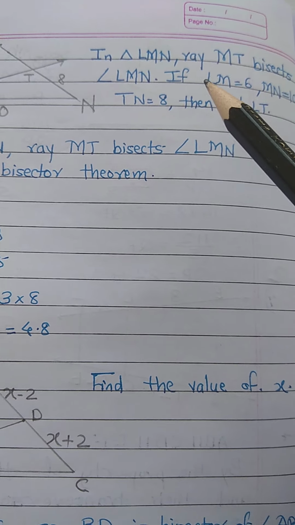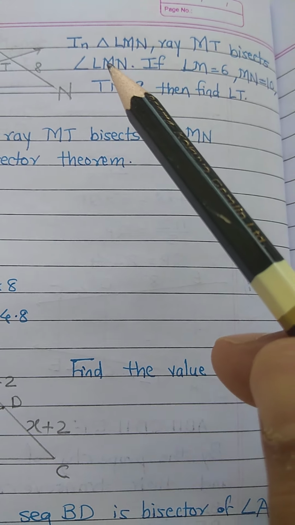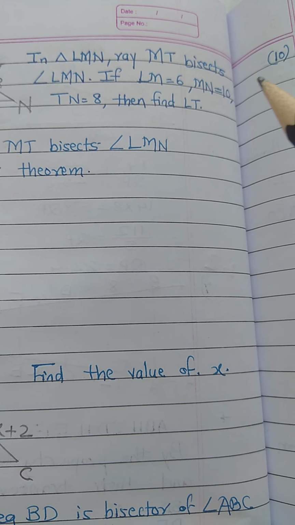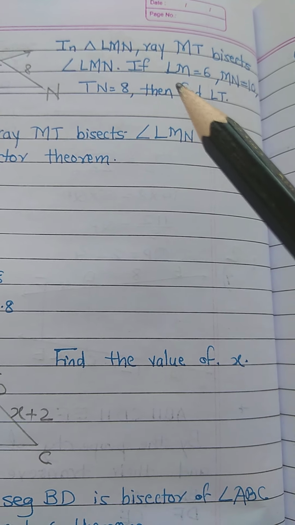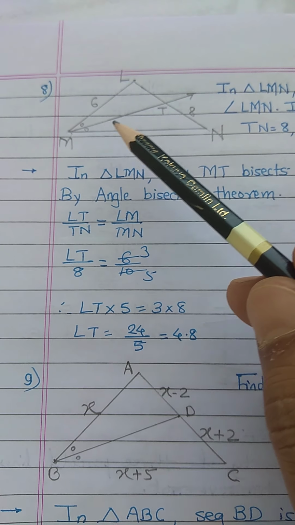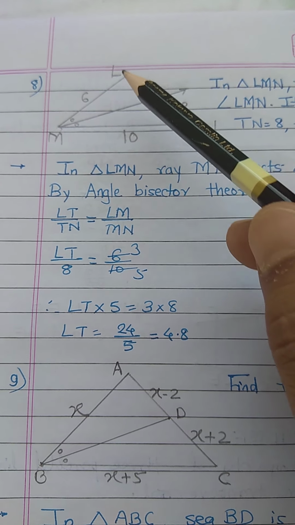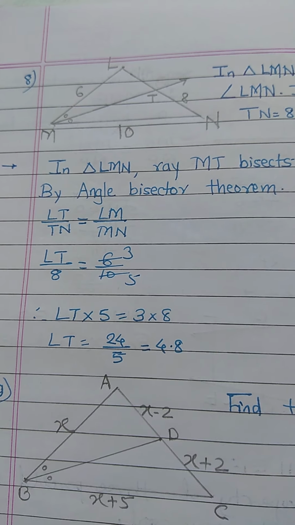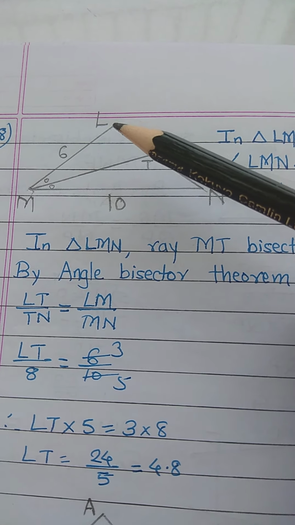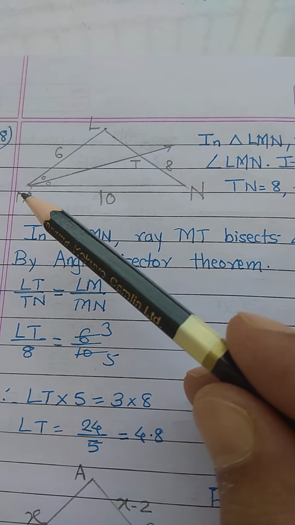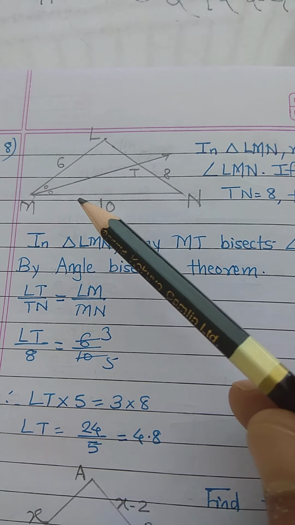In triangle LMN, ray MT bisects angle LMN. If LM equal to 6, MN equal to 10, TN equal to 8, then find LT. As ray MT is the bisector of angle LMN, we can say that LT upon TN should be equal to LM upon MN.